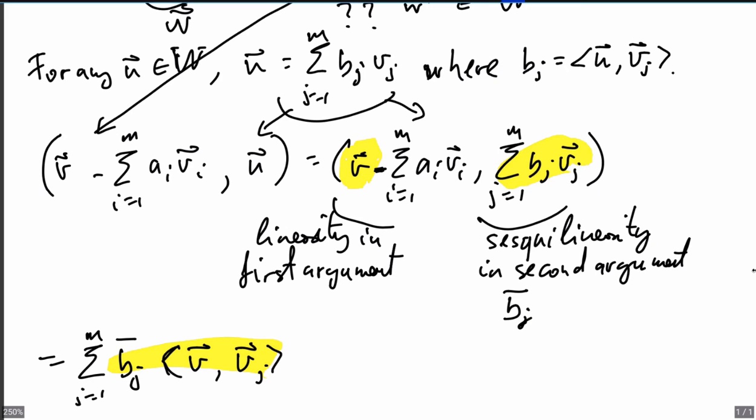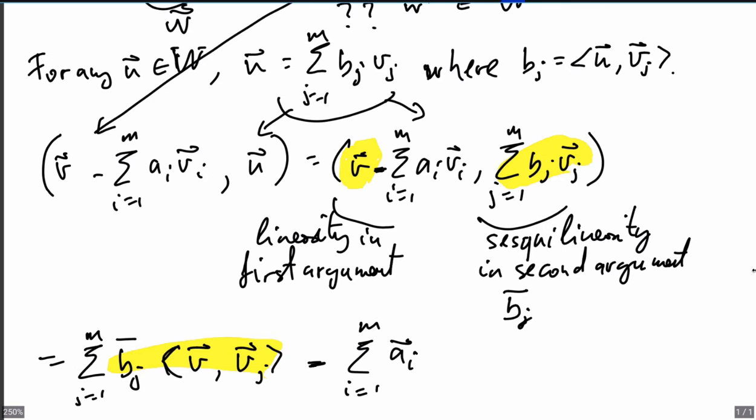And then for the other part, we have a negative from the first argument. When we multiply together, maybe first let me write out the summation. So we have the i summation there. And because it's in the first component, a_i is brought out.